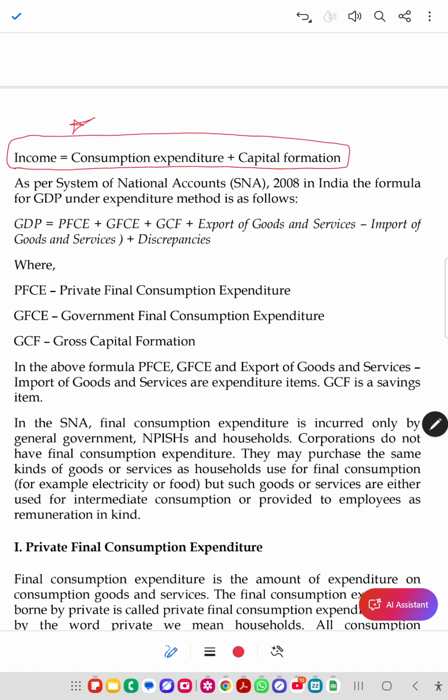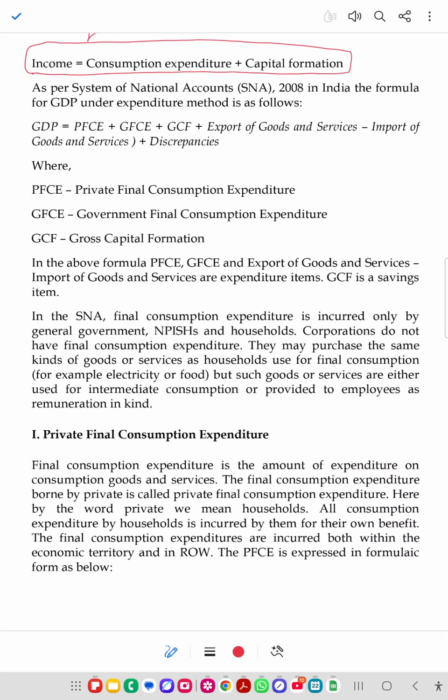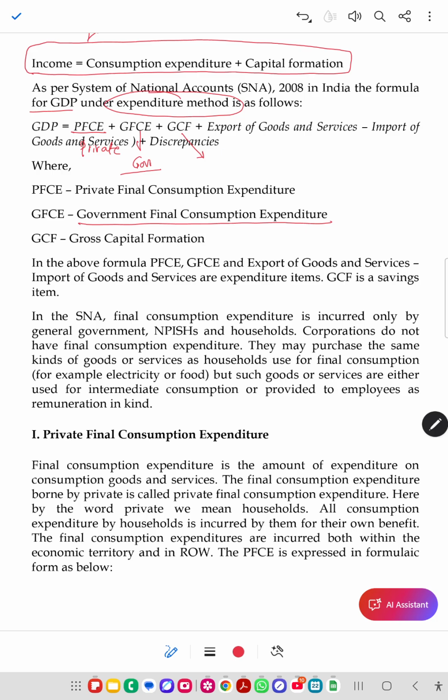Okay, as per the System of National Accounts 2008, in India, the formula for GDP under the expenditure method is as follows. GDP is equal to private final consumption expenditure, it is private, plus government final consumption expenditure, it is government, plus GCF, plus export of goods and services minus import of goods and services plus discrepancies.